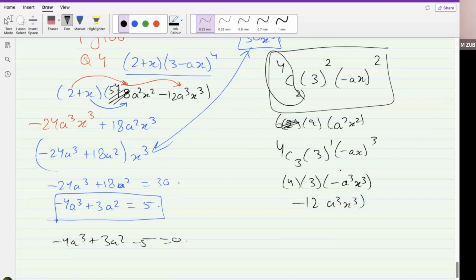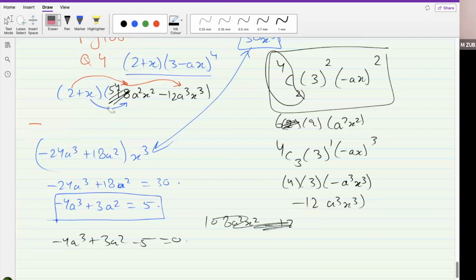And then 4c3 is 4. That is correct. 4 3 is 12. So 54 into 2 is 108. A square x square minus, this is 12. This was a mistake.